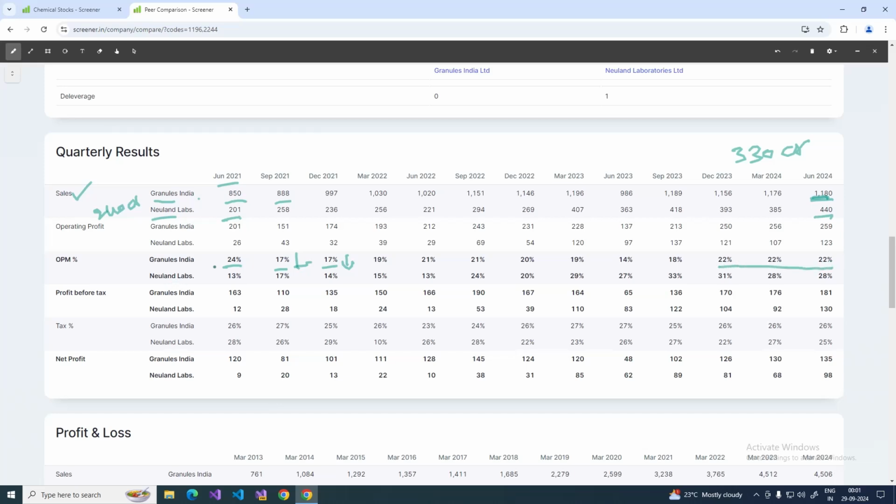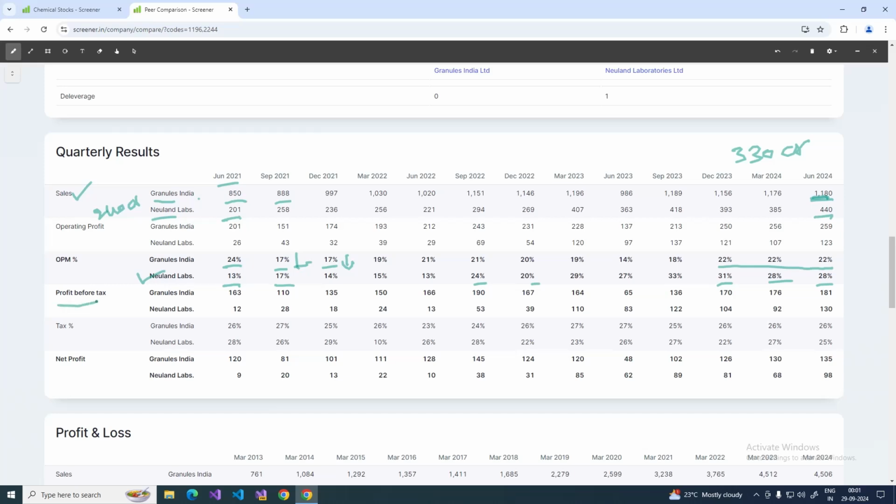If you see Neulands, in 2021 they have only 13%, then improved to 17%, like that, 24, 20%, like 31%, currently 28%. If we compare Granules India Limited and Neuland Laboratories operating profit margins, Neuland Laboratories' operating profit margins are high. This is positive for Neuland Laboratories.